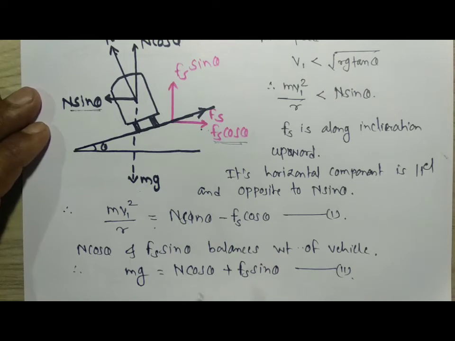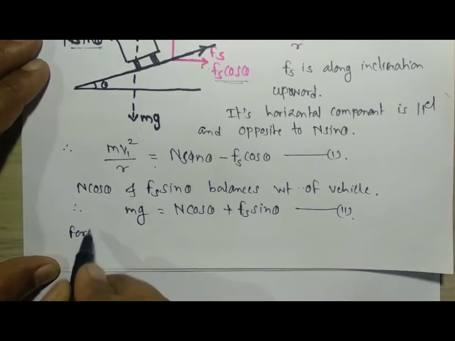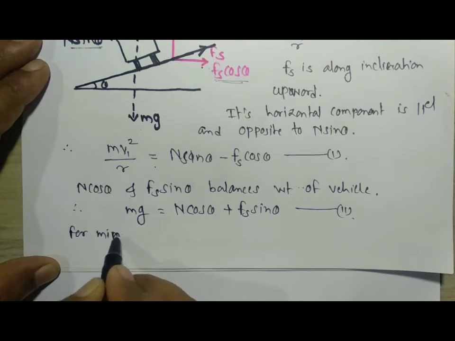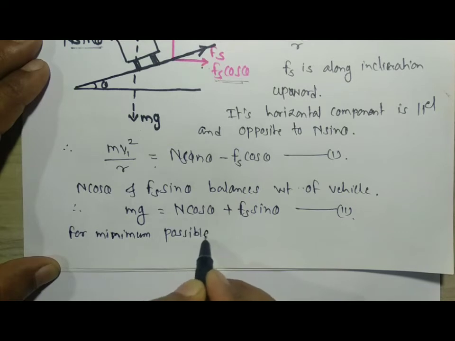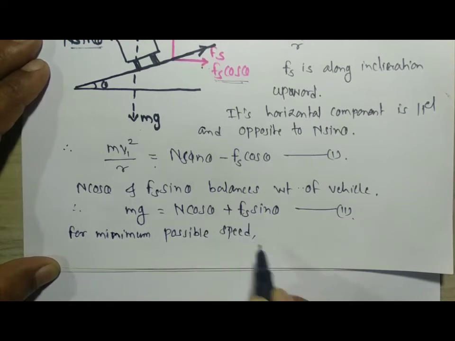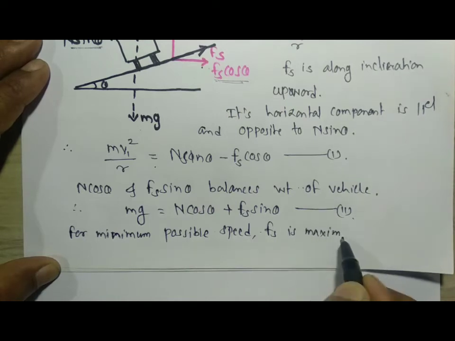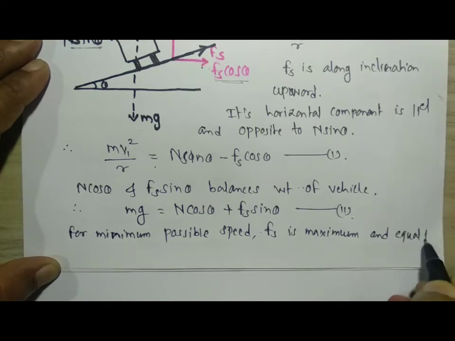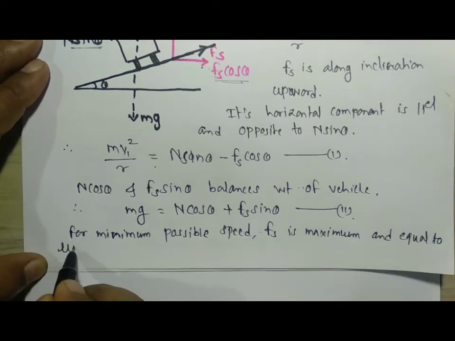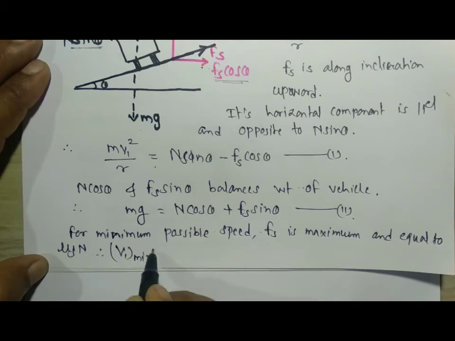Fs is maximum for the minimum possible speed, and Fs is equal to mu s into n, and therefore v1 min is equal to v min.